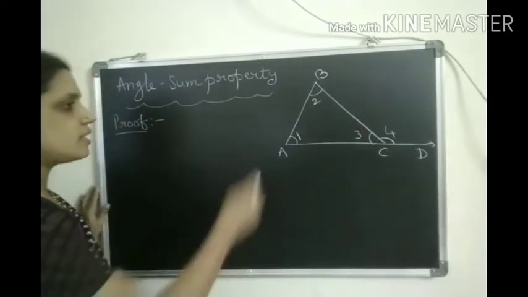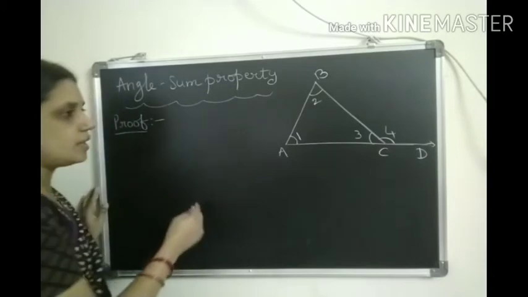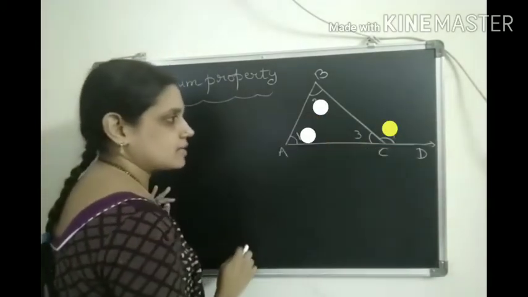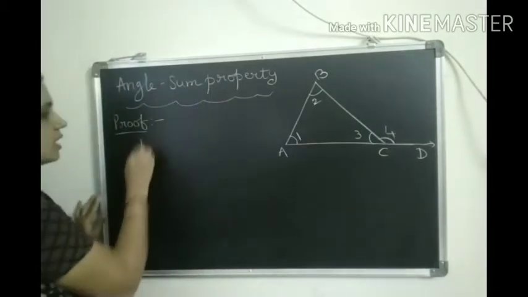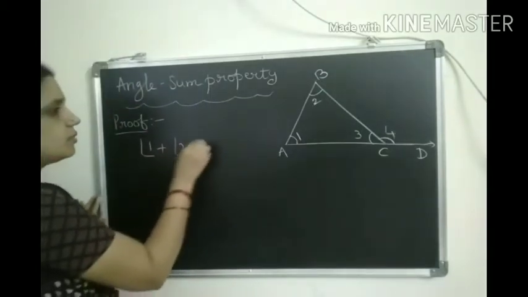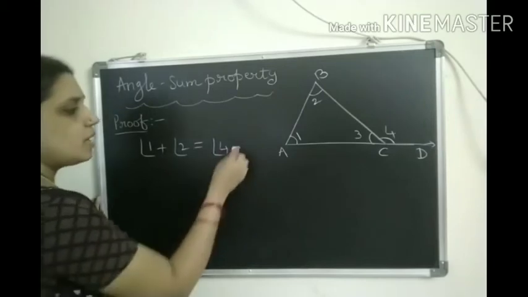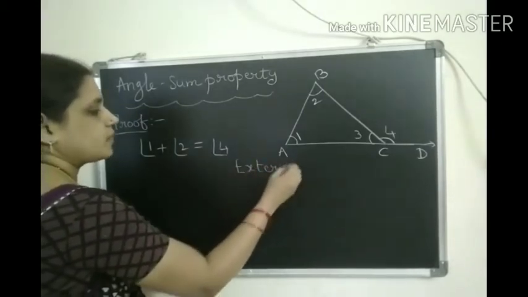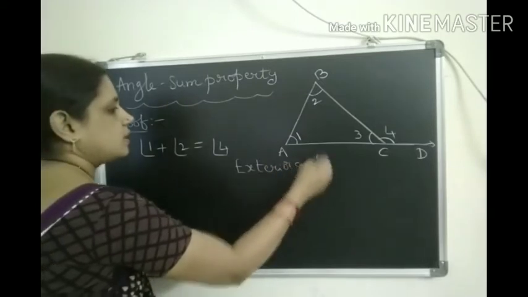For that, first we apply the exterior angle property. The exterior angle is equal to the sum of the two opposite interior angles. So can we write angle 1 plus angle 2 equal to angle 4? How is it? Using the exterior angle property.